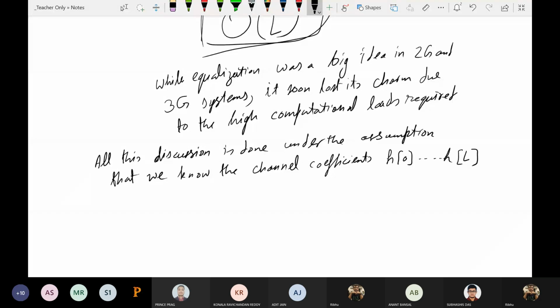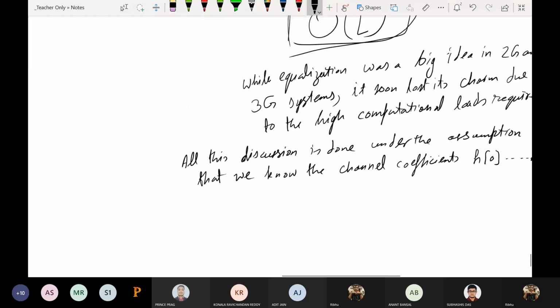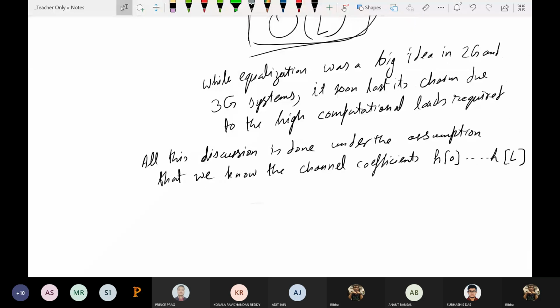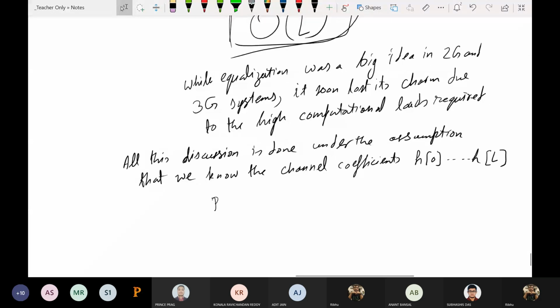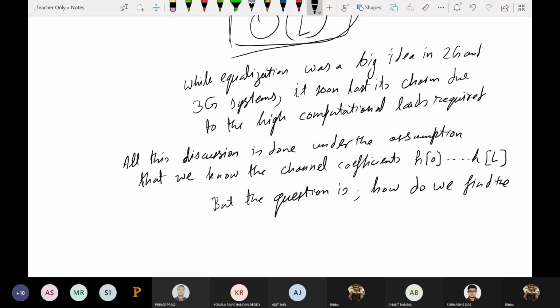But the question is, how do we find these channel coefficients out, right? Guesses? Pilots.